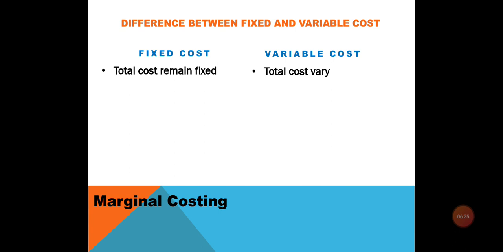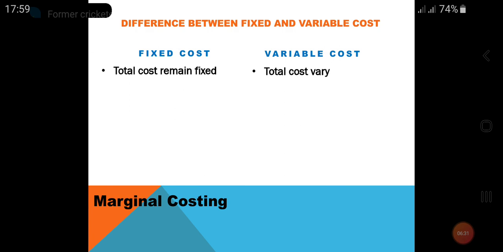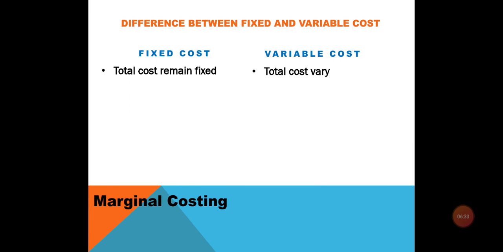In the first part of this page, you can see I have written fixed cost. What is meant by fixed cost? As we have seen previously, the total cost remains fixed in fixed cost, meaning fixed cost remains fixed in total, while if we go to variable cost, total cost varies.